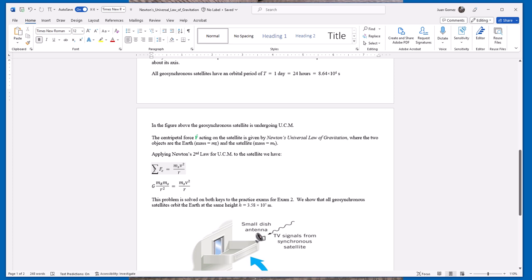So Newton's second law for UCM for the satellite, we have the sum of the centripetal forces is equal to, remember, the satellite's what's undergoing the UCM. So when we write the sum of the centripetal forces equals mv squared over r, m meaning the mass is ms, because the satellite is what's undergoing the UCM.